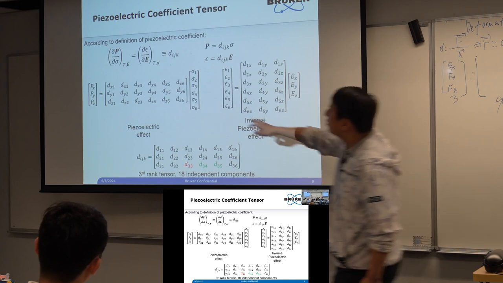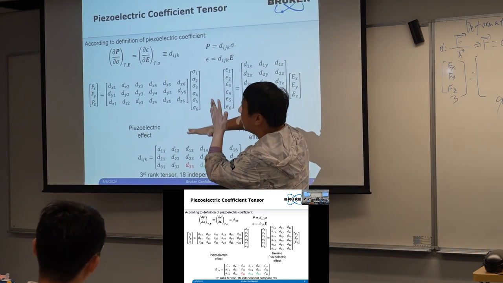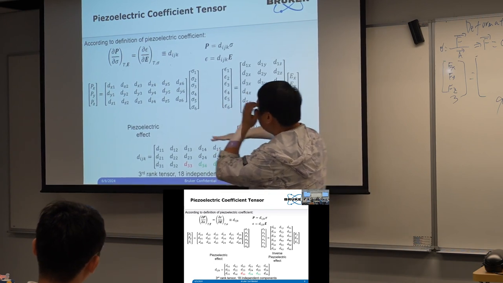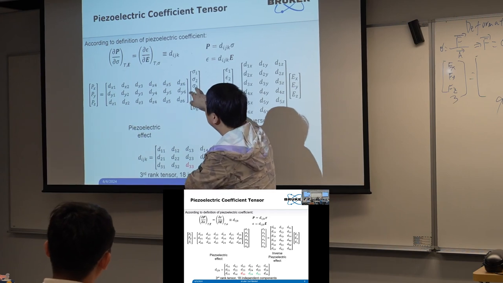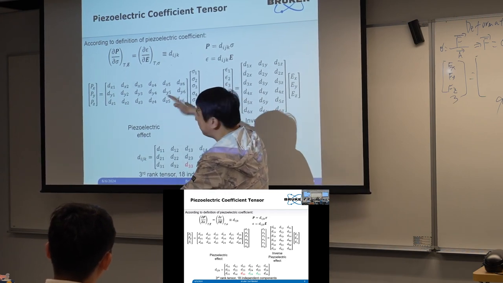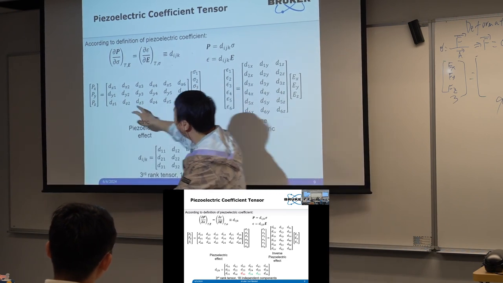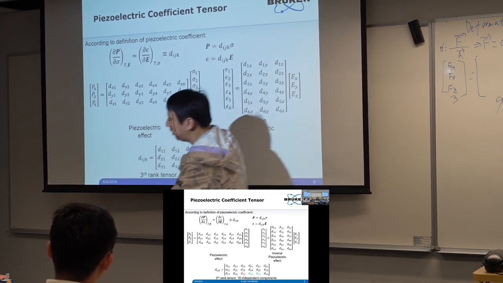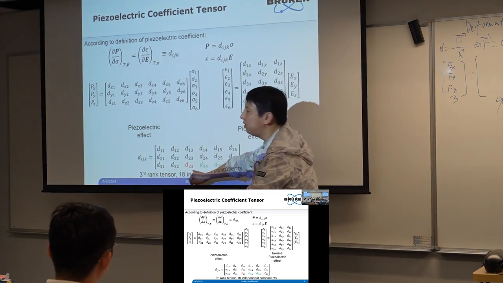It's the force perpendicular to our area at Z. So that's what this 3 means. So that's the stress in the Z direction causing the polarization in the Z direction. So that's what my D33 means.